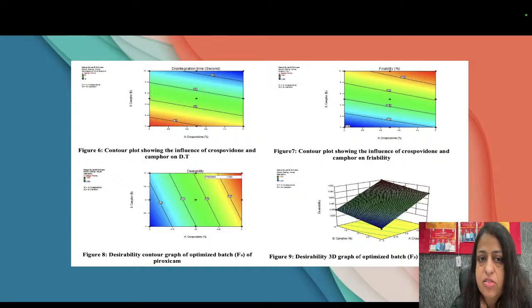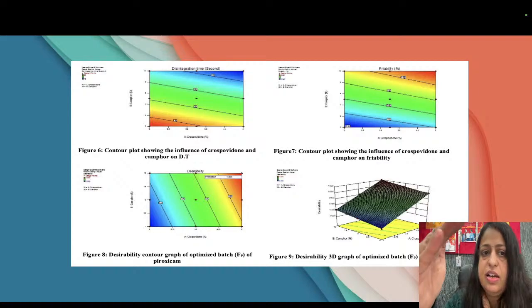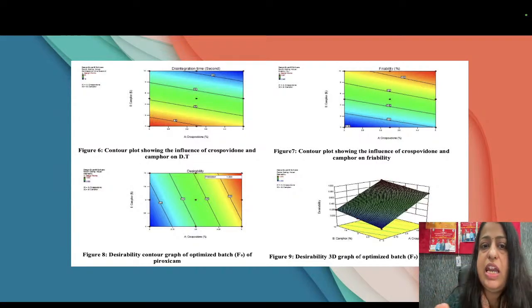As the center point is here and axial points are here, it is going from red region to blue region where the value is increasing, meaning the quantity of these two independent factors is increasing, and if it is increased, then the DT value will be increased, right?